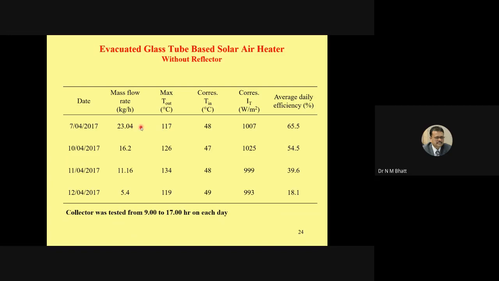Some of the conclusions: as mass flow rate decreases, maximum temperature increases. That is not true for this collector without reflector. Of course, it is true for all the collectors, but we have not tested in that particular range because at very low flow rate, the heat removal is lower. And because of the lower heat removal, the temperature is also lower and efficiency is also lower.